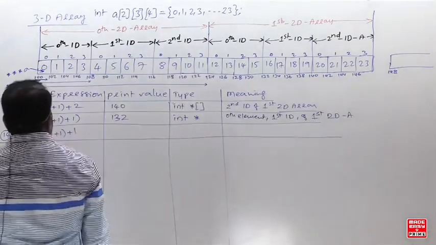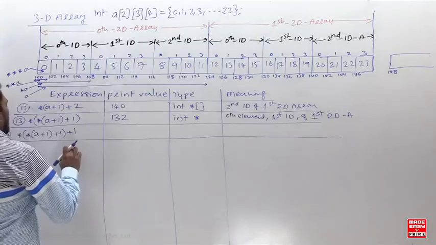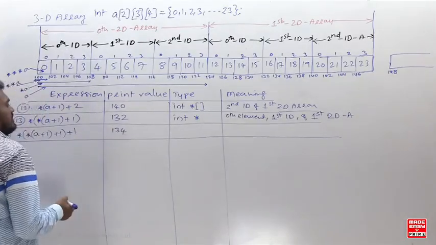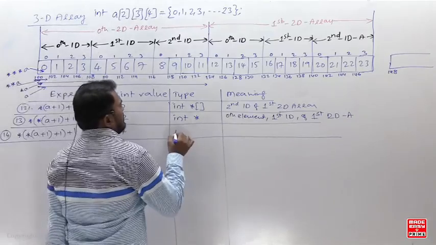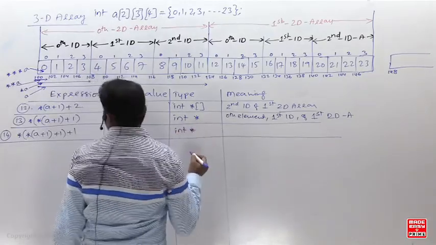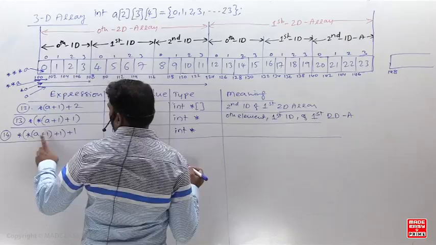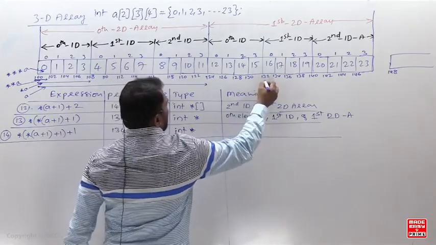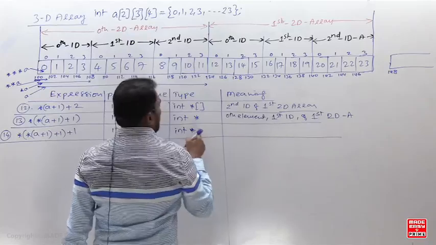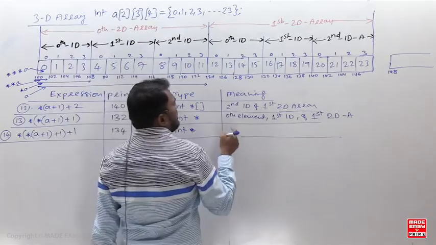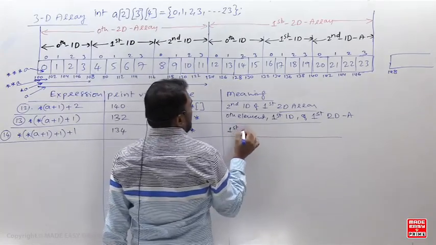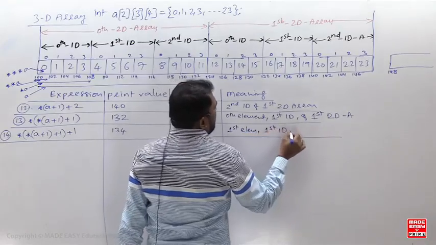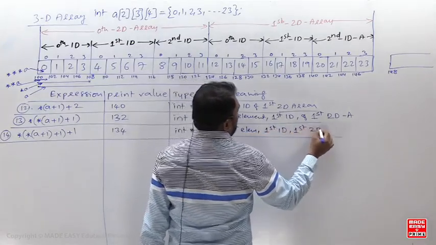Excellent, that is 134, and the type is int star. It was pointing to this one; if I say plus 1, it will go to 134. The meaning is the base address of the first element of the first 1D array of the first 2D array.